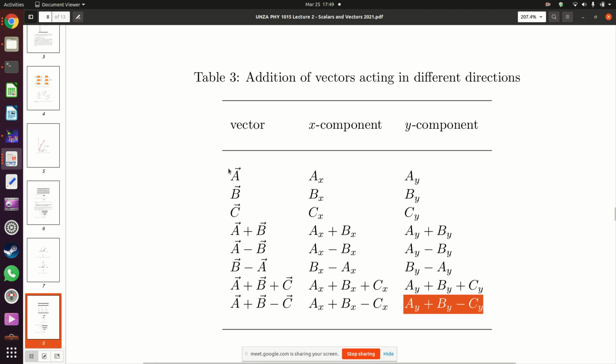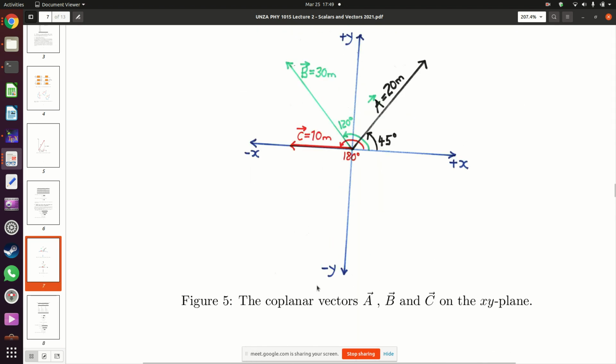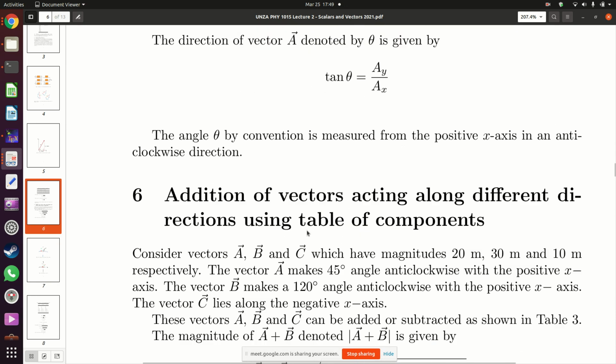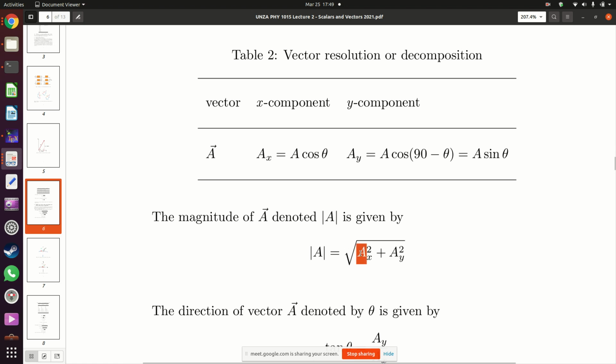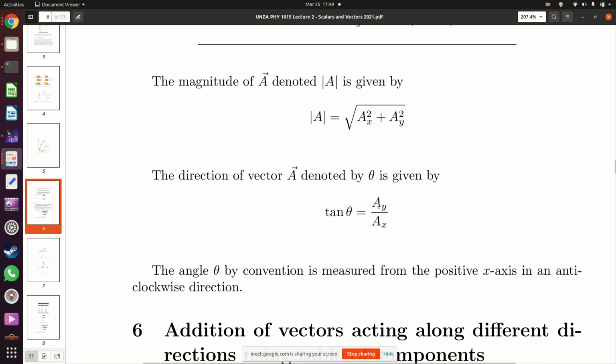Because from the x component and the y component, if you do ax squared, the x component squared, plus the y component squared, then you run a square root over that, you get the size of the vector. Then if you do the y component of a particular vector divided by the x component, you find the angle. You get your tan theta.